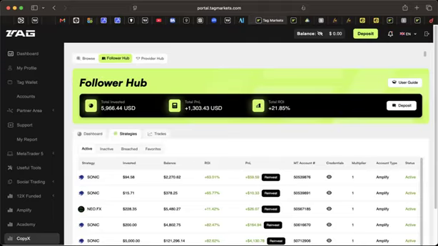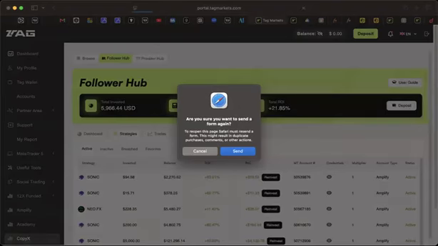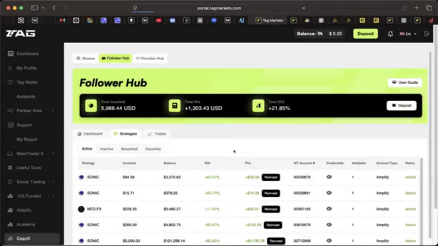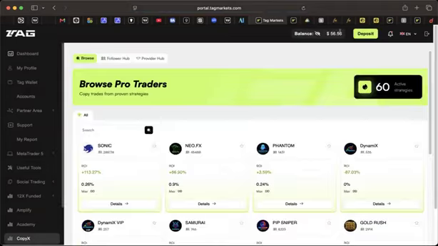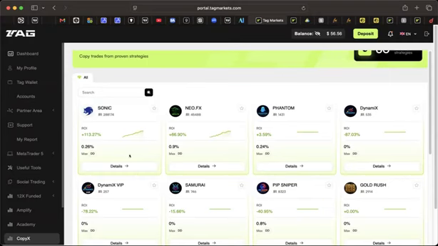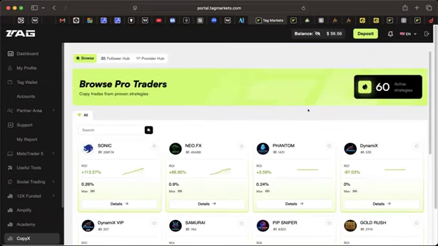There is so much technology many of us will not understand. As I click this withdrawal, it comes off the strategy backend and goes back to my broker backend. So this is a withdrawal from the copy trading strategy into my Tag back office wallet.